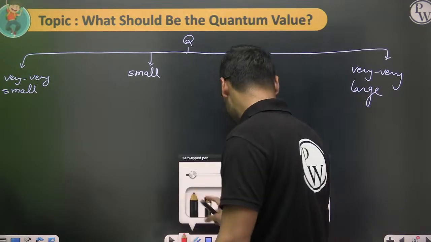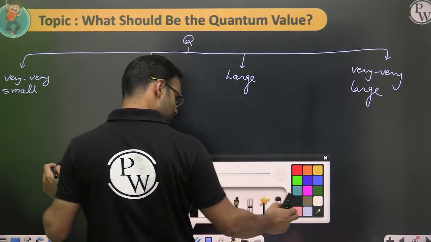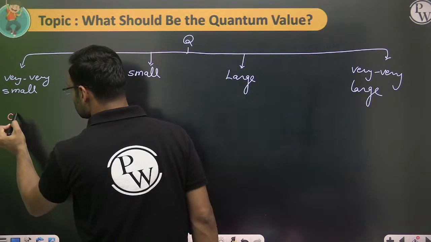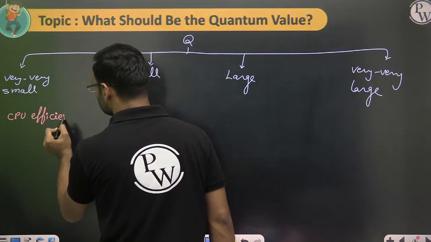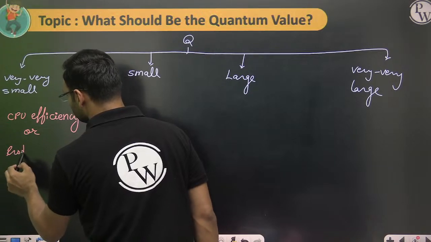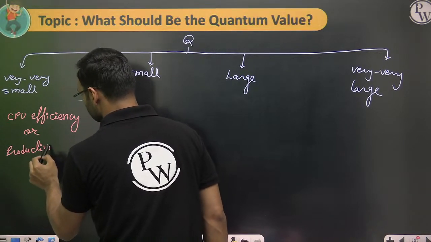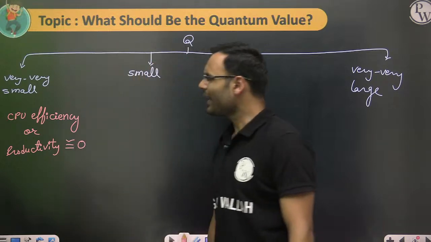And hence we can write down over here the conclusion. The conclusion says that the CPU's efficiency, or we should say productivity, is almost zero. Why?